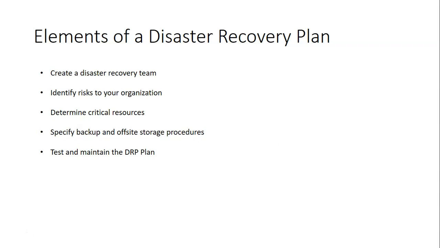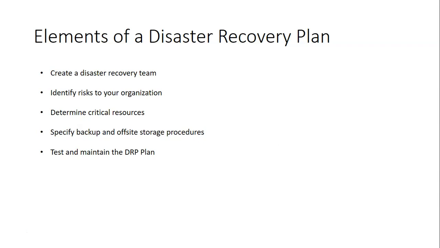There are many ways of testing the DRP plan. There's what you call a full interruption test, where you take down the primary facility and try to restore the operations. Then you have what is called a parallel test, where you leave the primary facility running, and you take down activities in the alternative recovery center and restore activities from there.